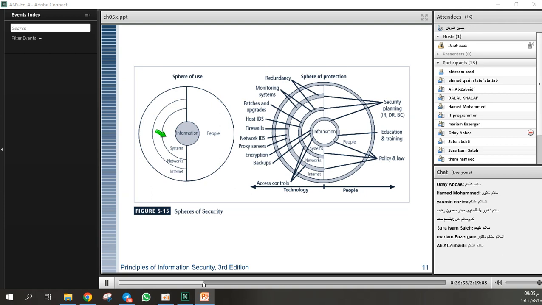If you remember, we have a good sentence. We say that the power of your security equals the power of the weakest link.